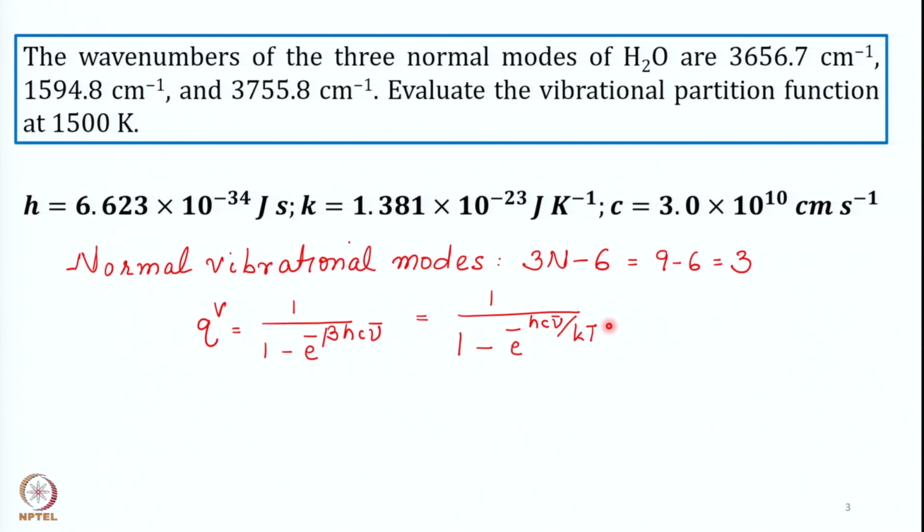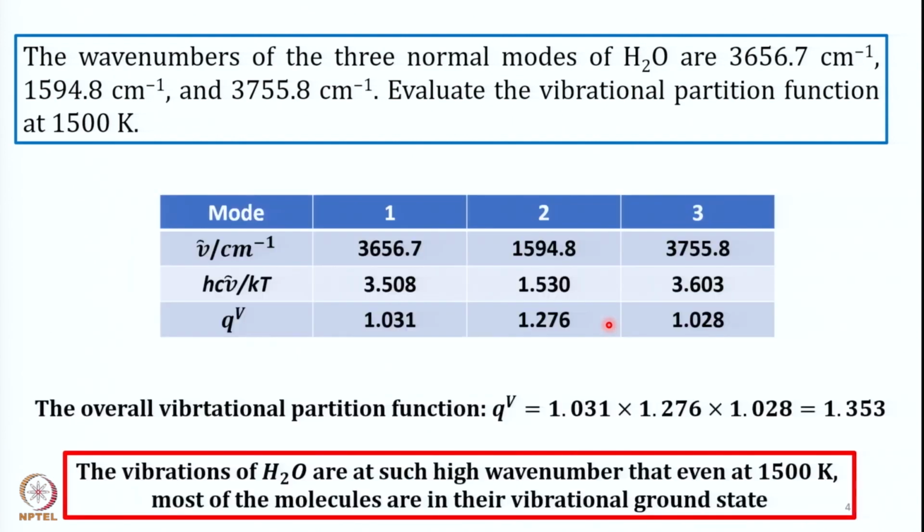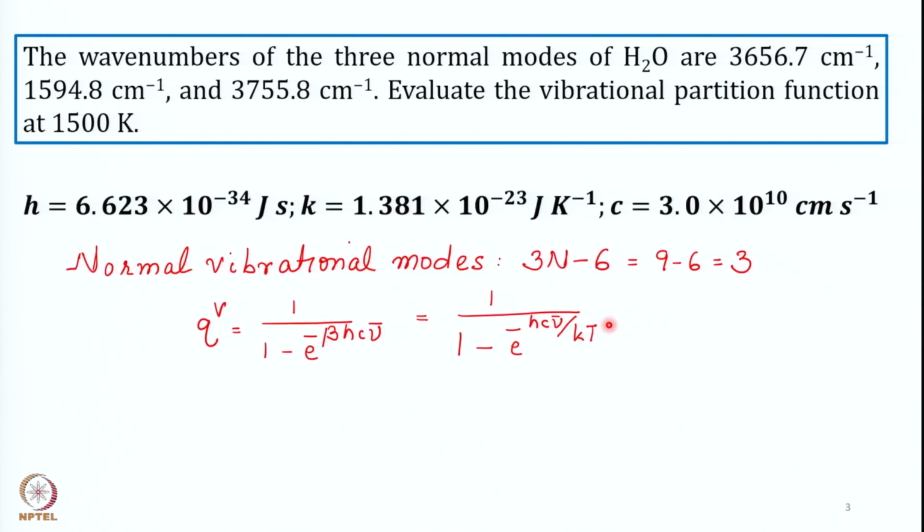One can calculate the vibrational temperature and then decide what is to be done. But if you do not want to get into that, you can directly use this general result. However, as I mentioned earlier, if you have an idea of the characteristic vibrational temperature, you can guess what will be the value of the vibrational partition function. We will take those examples.